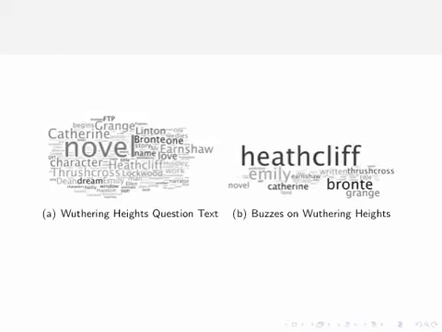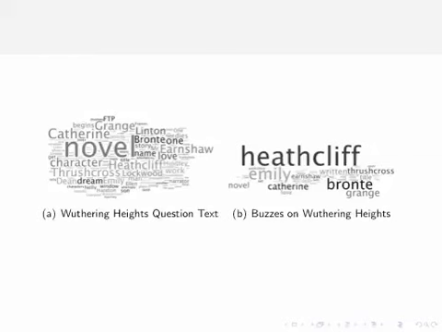But if you look on the right, these are all of the words that immediately preceded a place where someone buzzed in and answered the question. And you can read off of this word cloud exactly what people know about Wuthering Heights. It's a novel featuring Heathcliff and Catherine, written by Emily Bronte, that takes place at Thrushcross Grange.